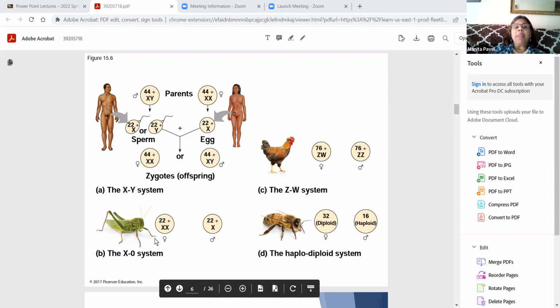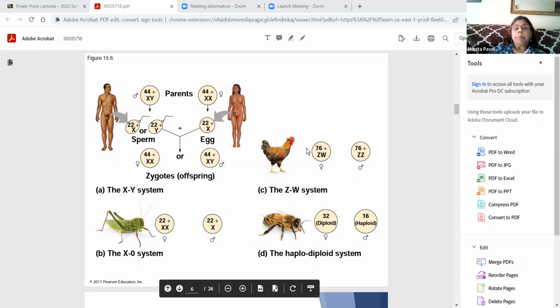So 22 plus XX. Here we have 44 plus XY, which makes it 46. So the total number in the grasshopper would be 24 chromosomes.